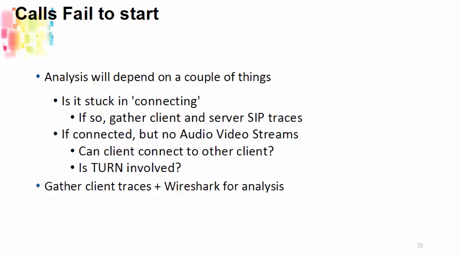If TURN is involved, or if NAT is involved and we need TURN, those are decisions we'll have to make as you're planning out your environment, but then we'll also need to gather traces and make sure that the clients can connect to the different endpoints appropriately. Client traces and Wiresharks are usually the best ways to go here.